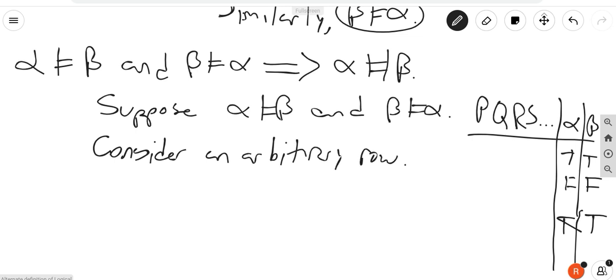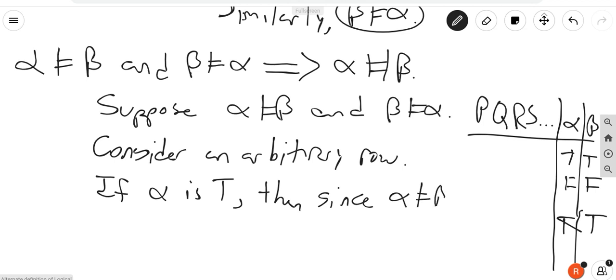And let's start to think about what would be nice, because oftentimes when you're doing proofs, you want to start up with when things are convenient for you, and then figure out how to deal with the inconvenient cases that are left over at the end. So if alpha is true, then since alpha semantically entails beta, beta is true. Let's keep our notation consistent, true.